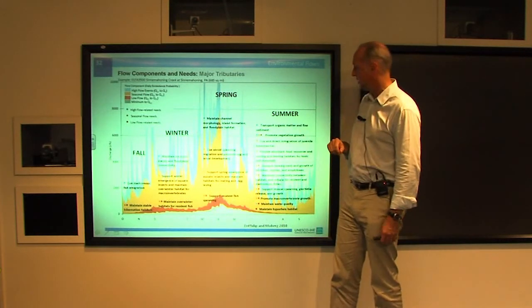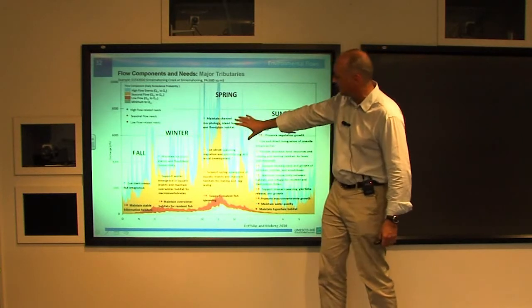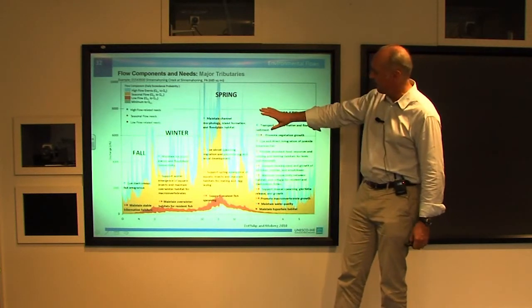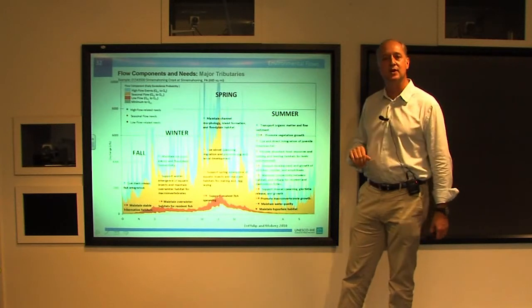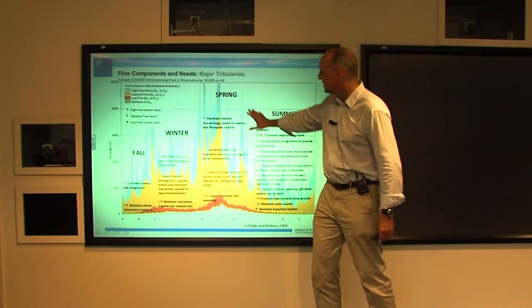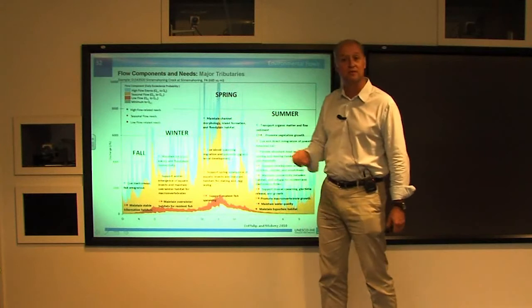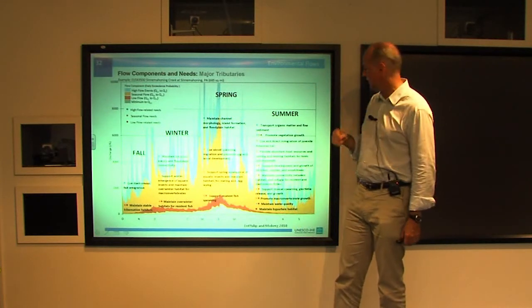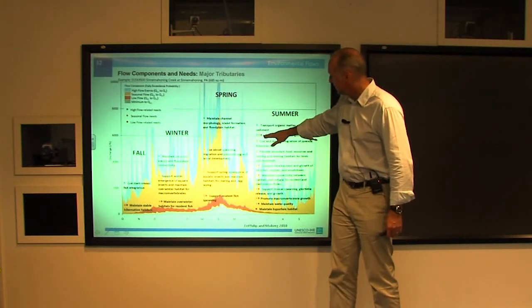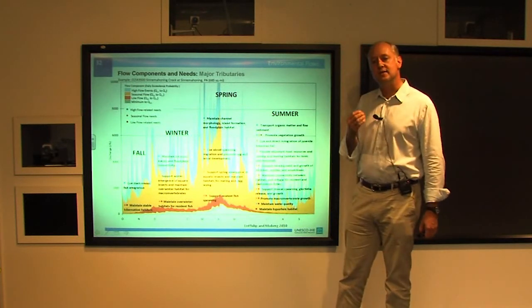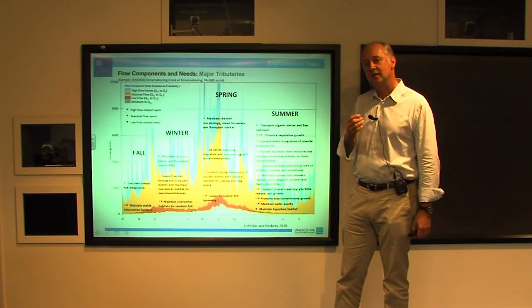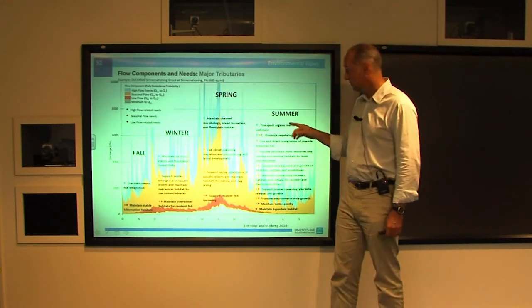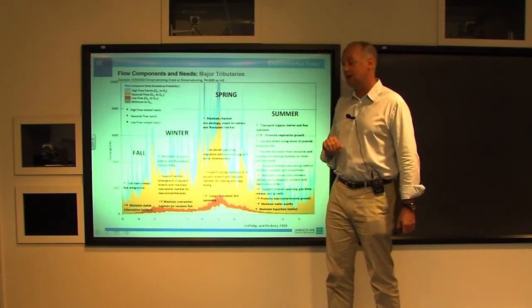frequency that occur here. And what we can see is a clear seasonal pattern. The fall, winter, spring, summer times are indicated on this graph. We can see that spring is the time of important floods in the system. But also superimposed on this graphic are indications of what is the ecological relevance of that flow regime at different points of the year.